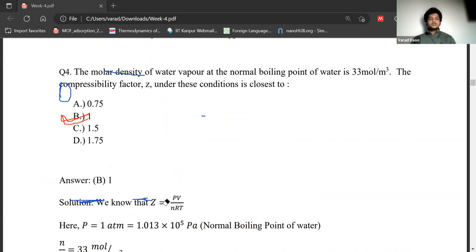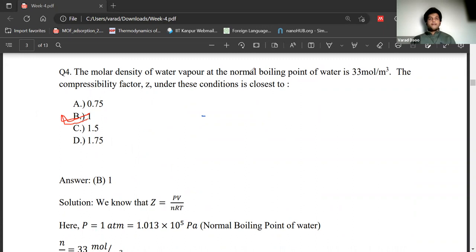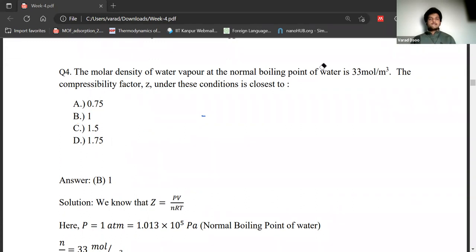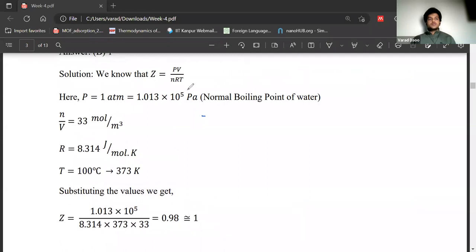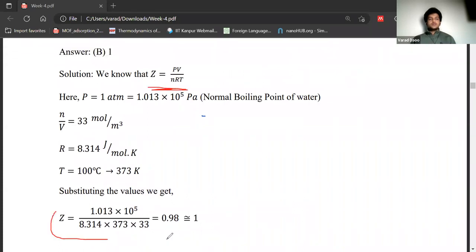Does anybody have any question? Anybody who didn't understand? It's fairly simple. So this is the expression for that, and using that, you calculate Z as this. I'll wait for a couple of minutes if anybody has any doubts or would like to note it down.